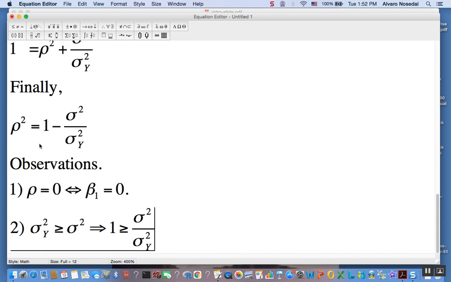But note, rho square is equal to 1 minus sigma square divided by sigma sub y square, which means that rho square is always less than or equal to 1, because this guy here is always less than or equal to 1. So that implies that rho square is always less than or equal to 1.